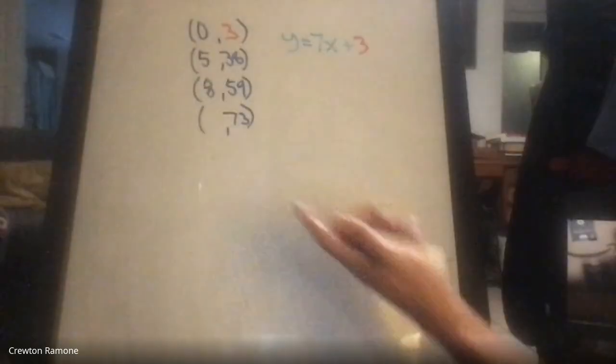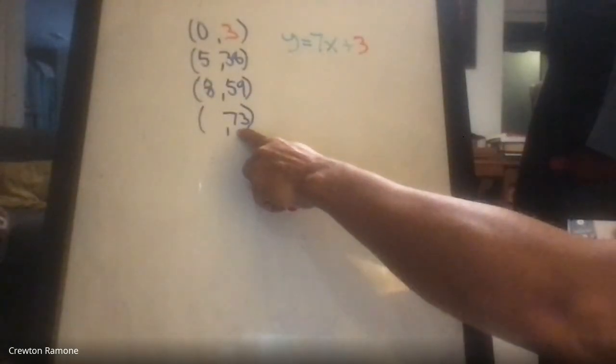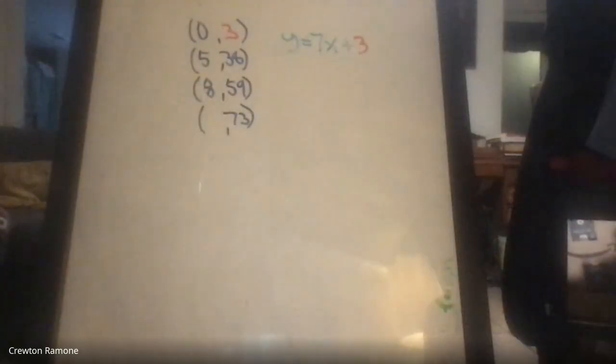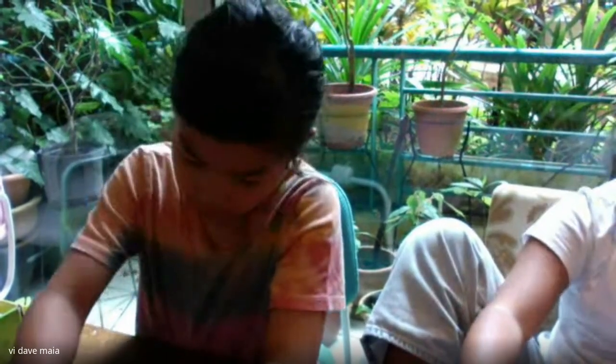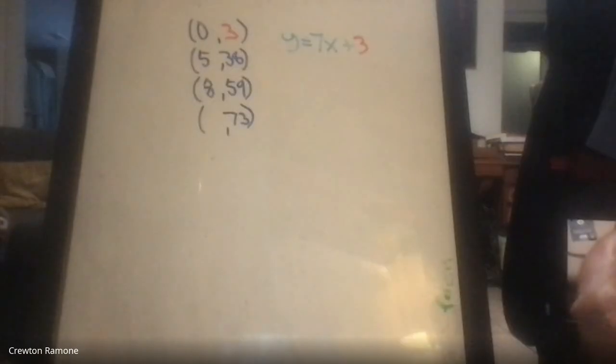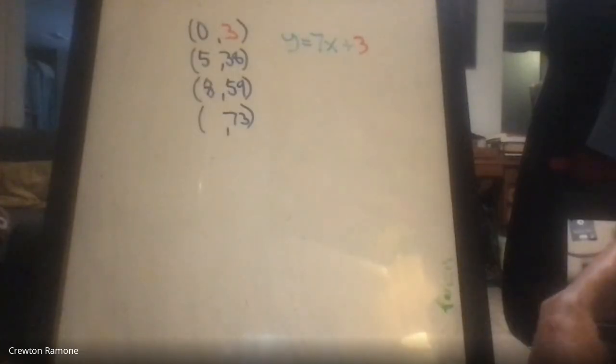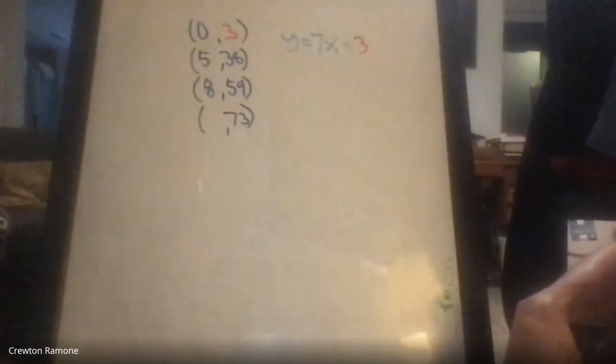Yes. And now, how long did it take them to make 73? 7. Oh, come on, how easy is that? I have the formula already.